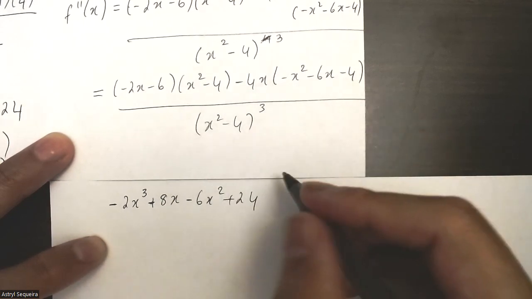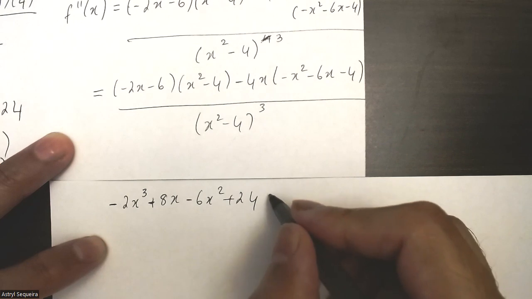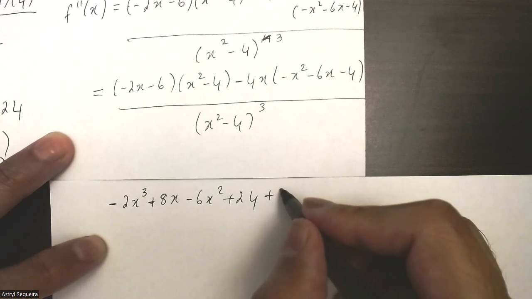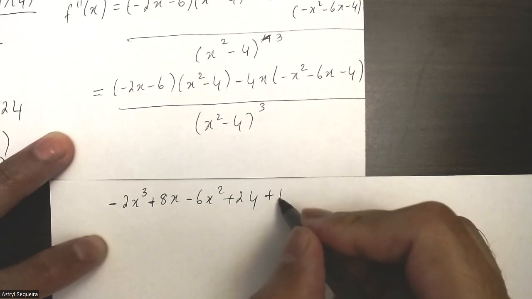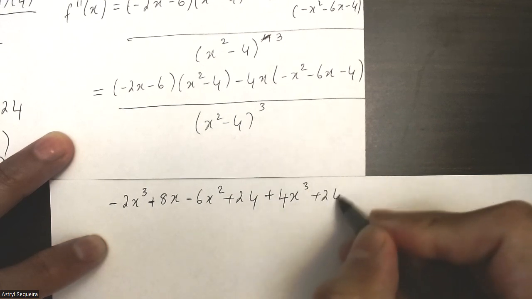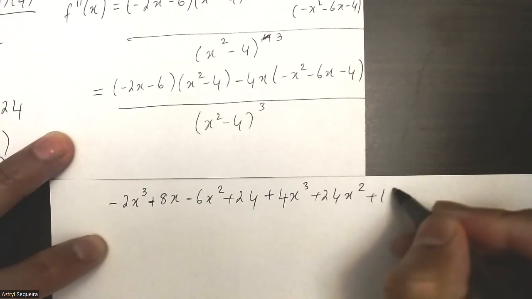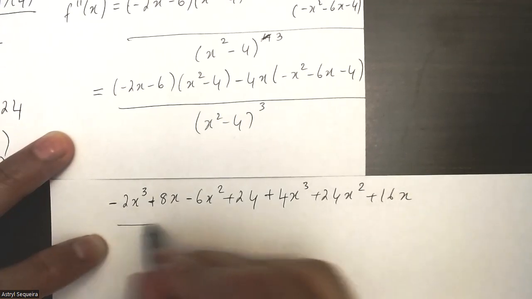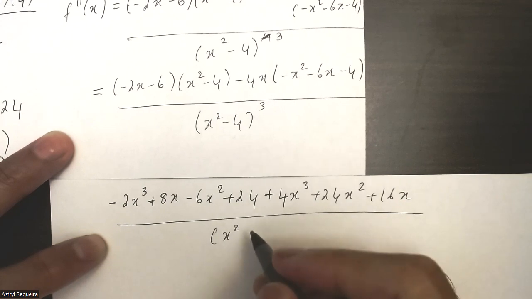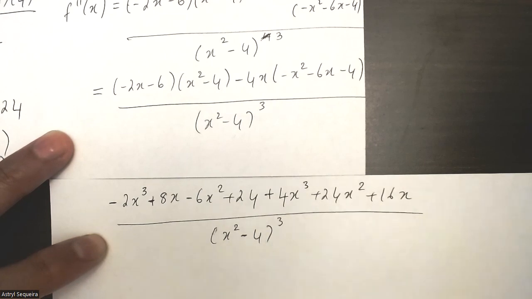And this, when I expand it, is going to become plus 4x cubed plus 24x squared plus 16x. Again, it's all divided by x squared minus 4 cubed.